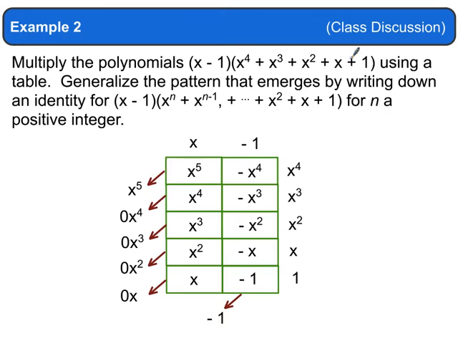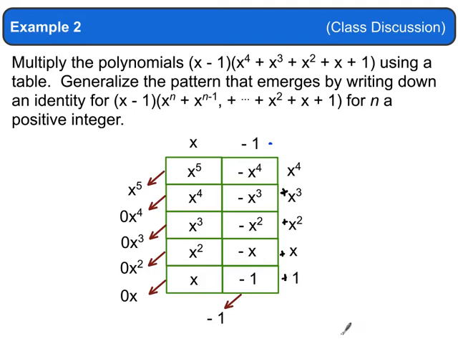Again, you could use placeholder values if you wanted to have a square piece, but in this case, they did not. They put the x minus 1 on top, x to the fourth, x to the third, x squared, x, and then 1. Typically when I write it, I like to put the plus signs. It's not necessary unless there's a negative sign there, but in any case, these are all positive.